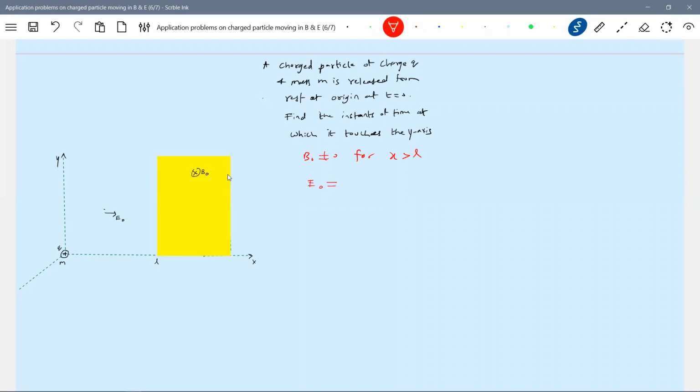E naught is... I'll add this data so that it will be easy for you. And E will be 0. Okay, carry on now.